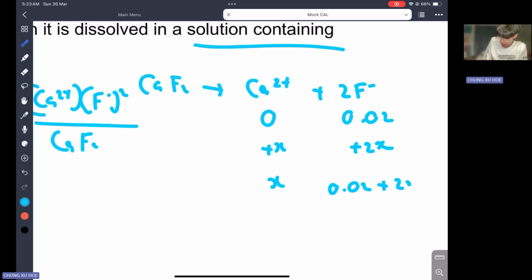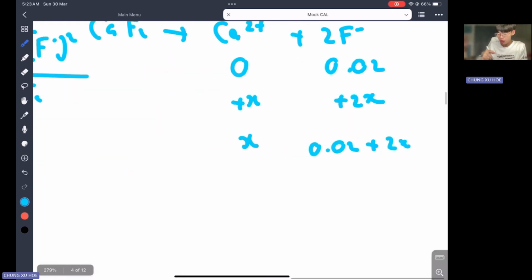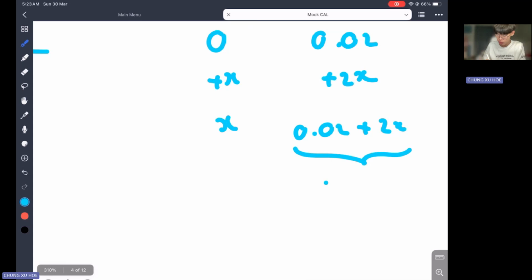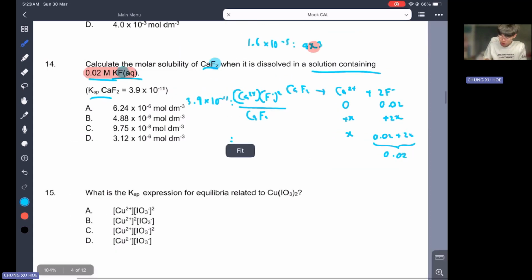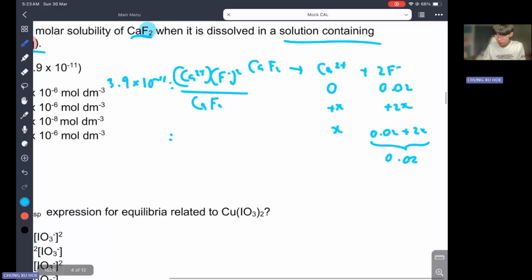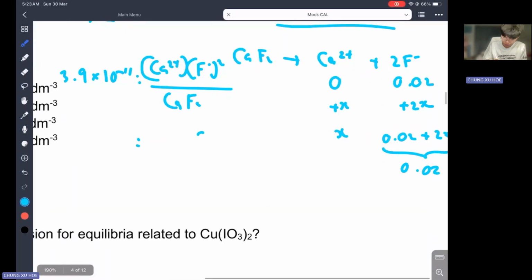Because the 2x value is too small, it doesn't really cause a change. So in this case, we will just assume it's 0.02. So we know that the F- value here is 0.02, sub in 0.02 squared. And then Ca2+ is x.